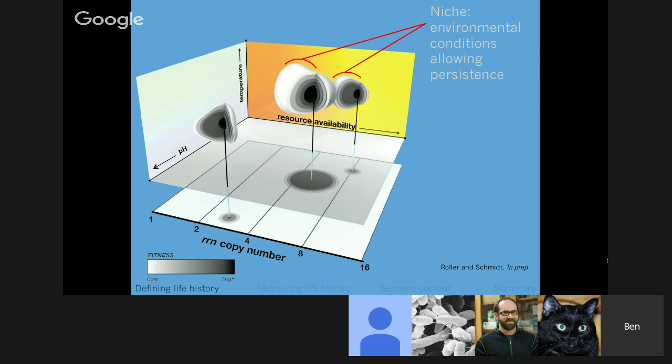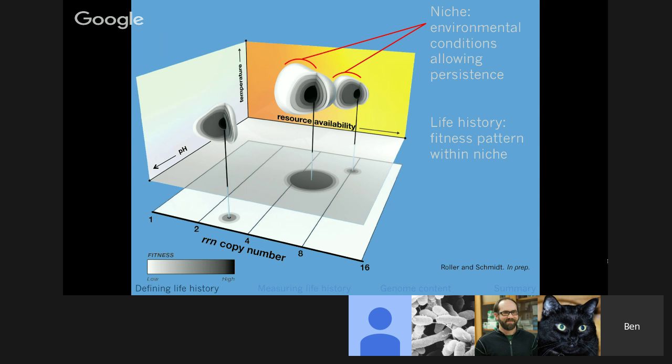The extent of environmental conditions where a species does not go extinct is shown by the white borders of this amorphous niche in this multi-dimensional space, which would in the real world be far more than just the 3 dimensions I'm showing here. The life history then for each of these hypothetical species is simply the pattern of fitness variation within the niche that the organism occupies.